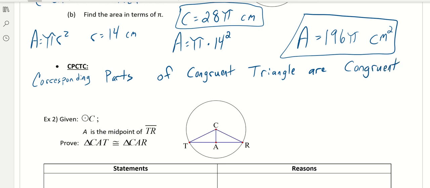You'll commit this to memory pretty quickly. Corresponding parts of congruent triangles are congruent. CPCTC. So here's an example.